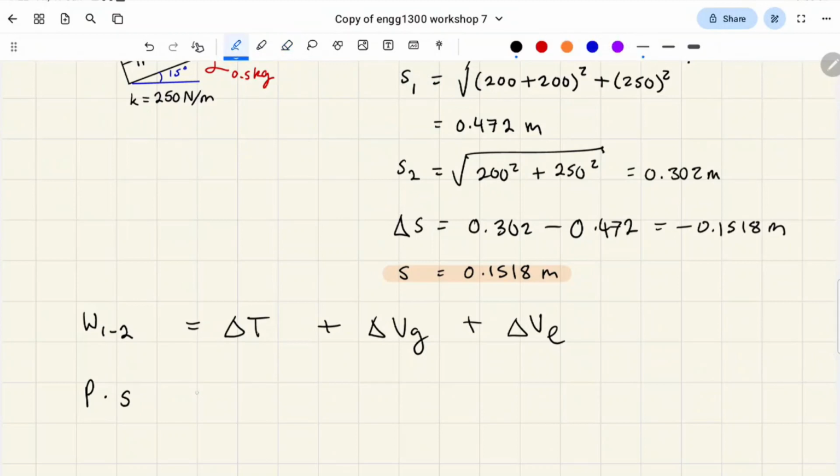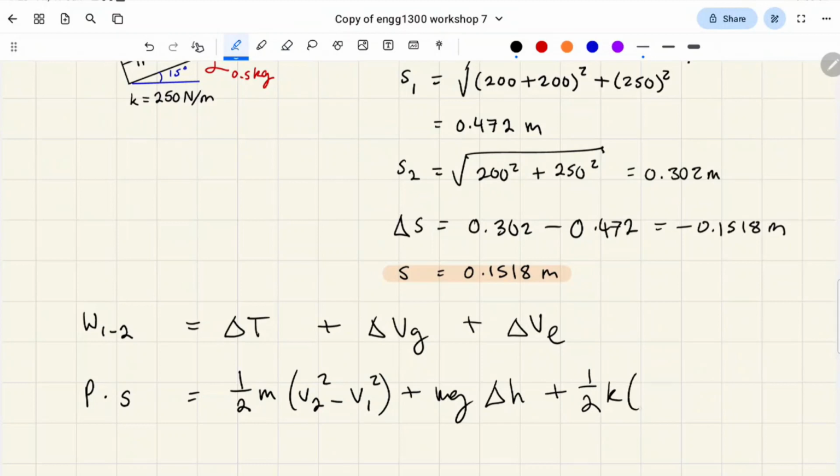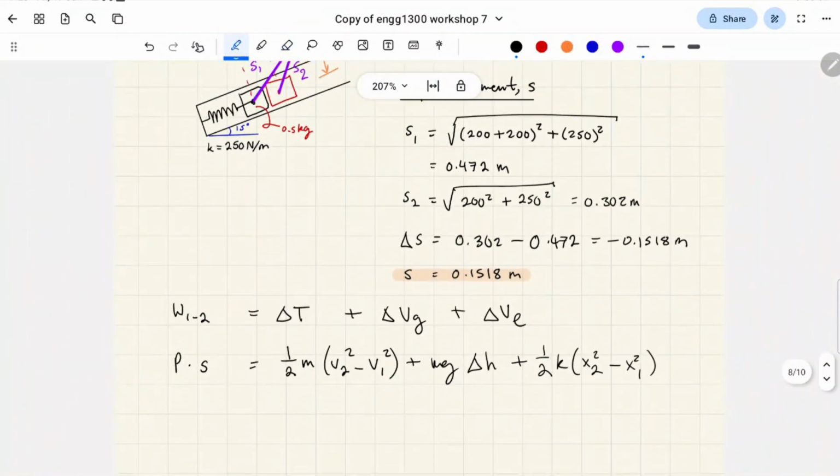Write out our formulas every single time. Okay. All right. Go through this one by one.